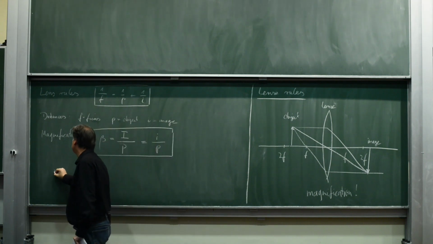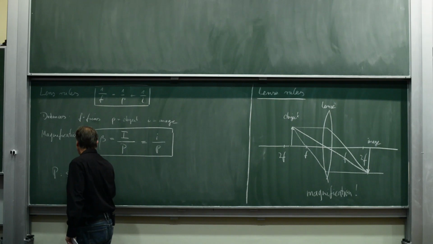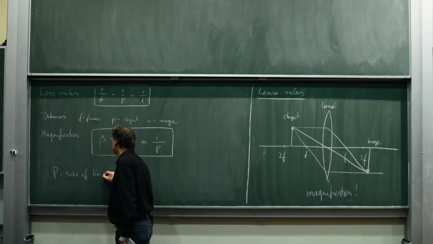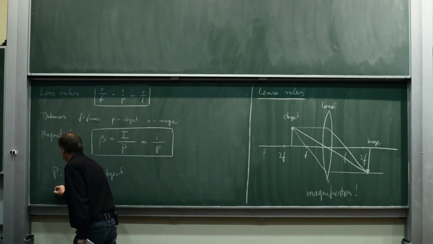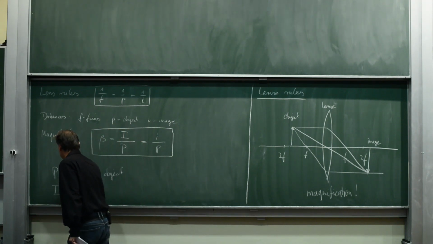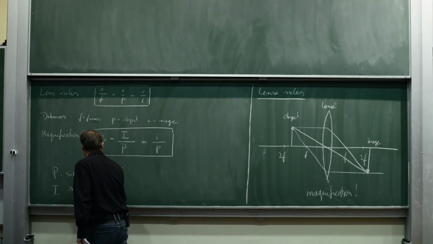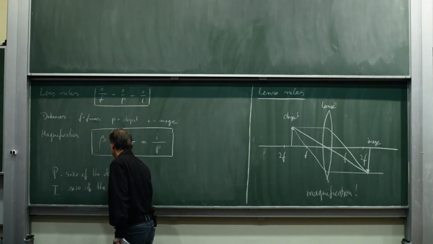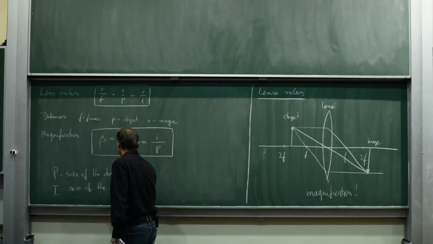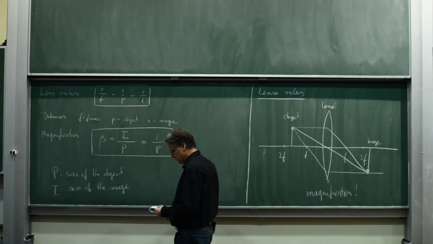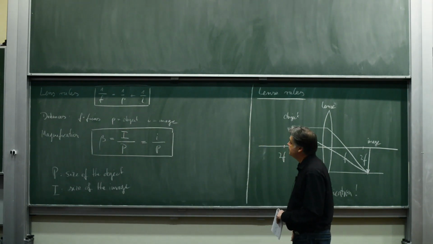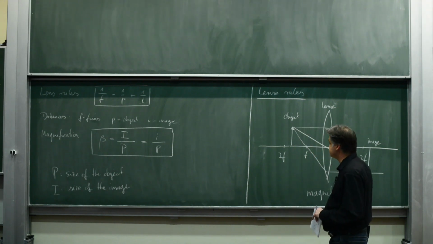So P is the size of the object, and I is the size of the image. So these are the basic lens rules.